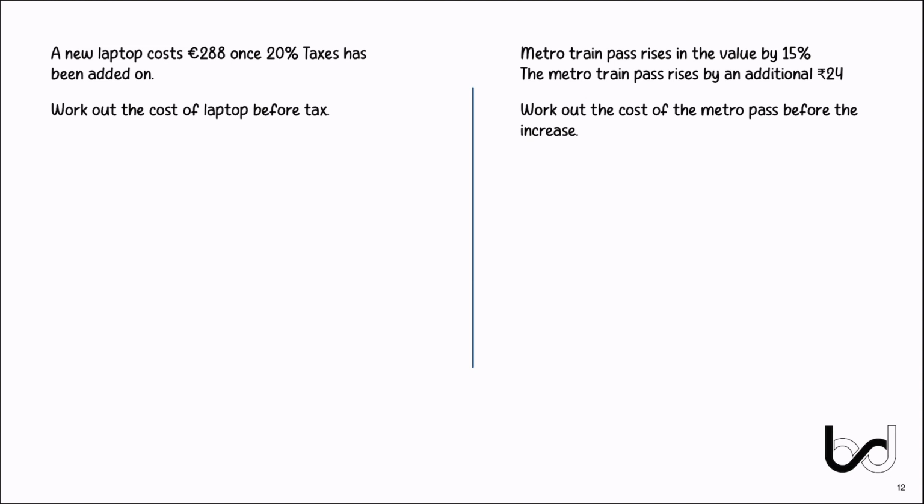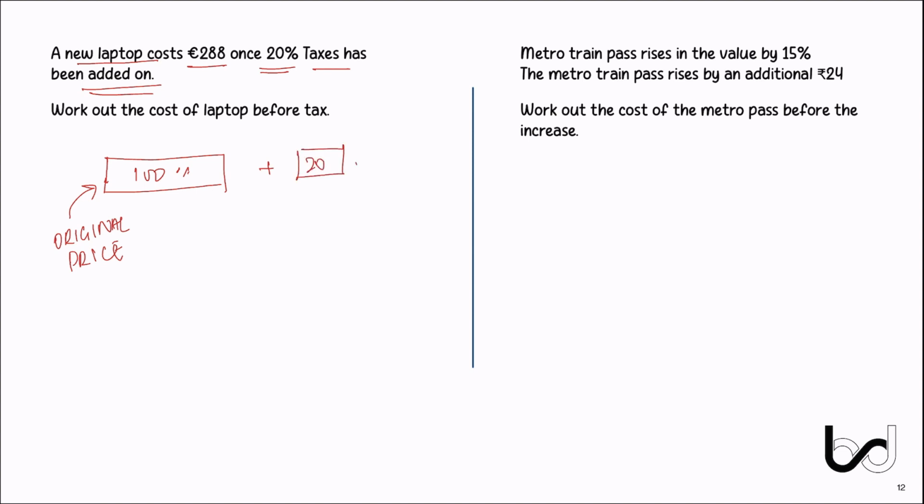Now over here, a new laptop costs 288 euros once 20% tax has been added. So this is the original price, which is 100%. Now on this original price you added 20% of taxes. So right now what you paid is 120%, which is 288 euros. Now you need to calculate.